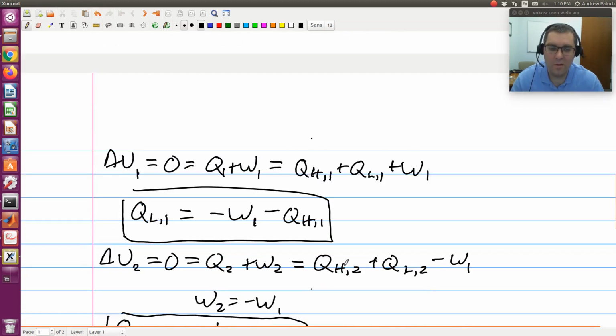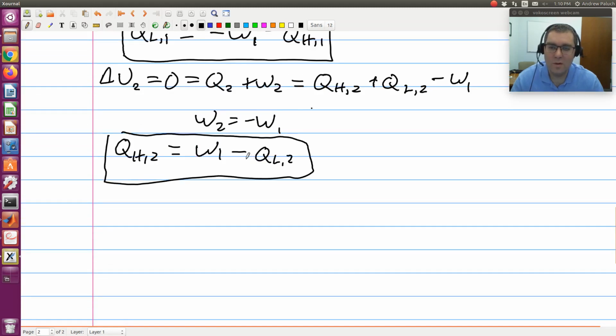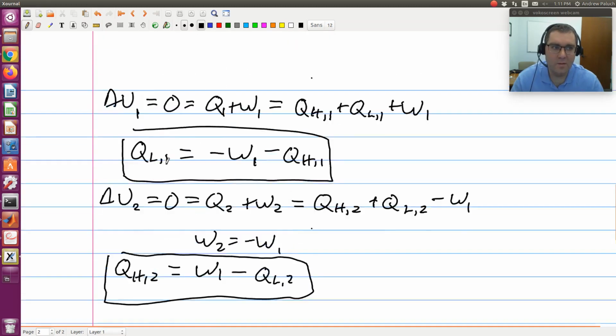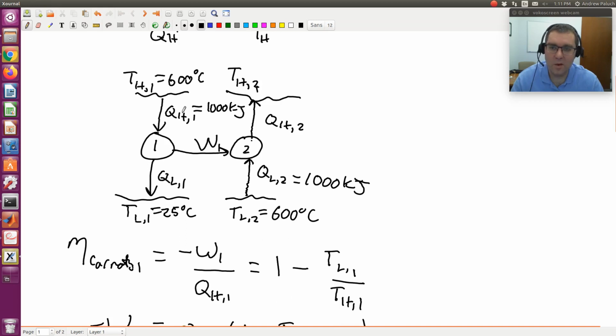The fact that all three of these have to sum to 0 means W1 is less than QH1, which is that original 1,000 kilojoules. So this should be less than QL2, since QL2 is also 1,000 kilojoules. So QH2 is negative, which should work out because I'm rejecting heat. It works out because QH1 is 1,000 and QL2 here is 1,000.